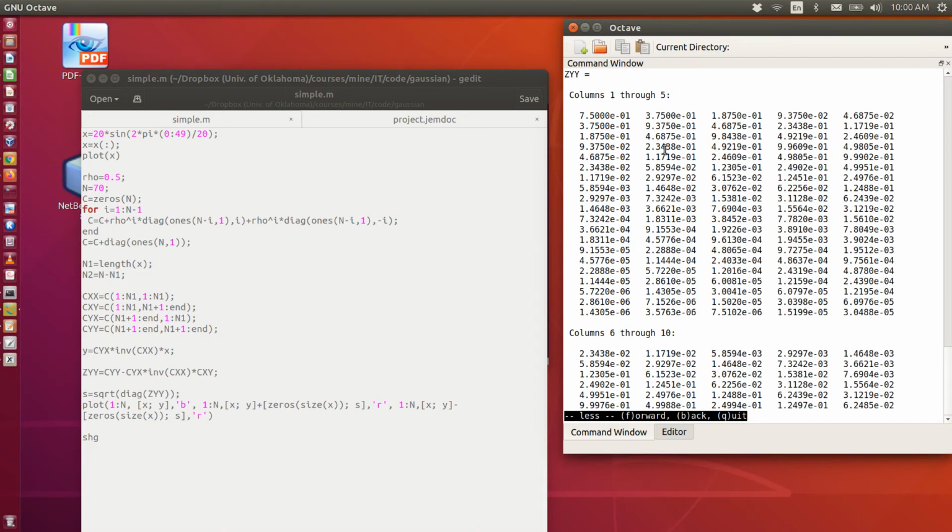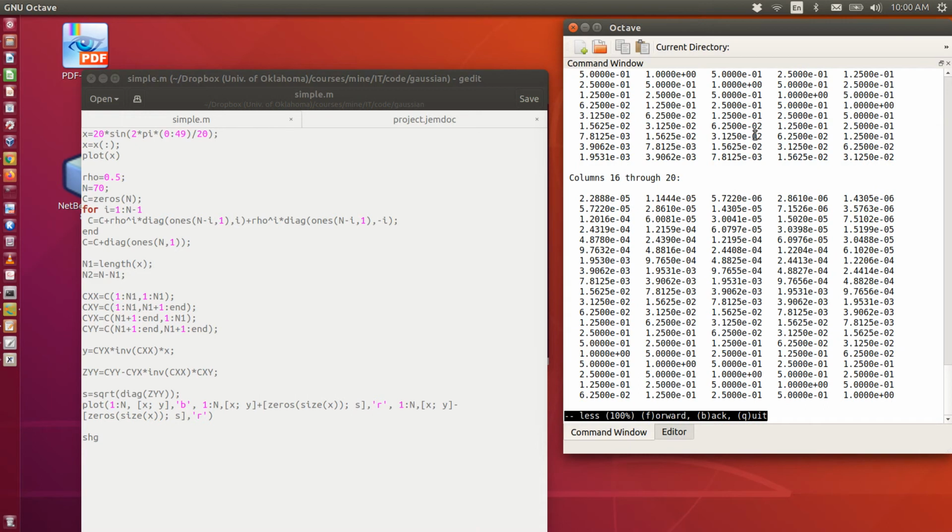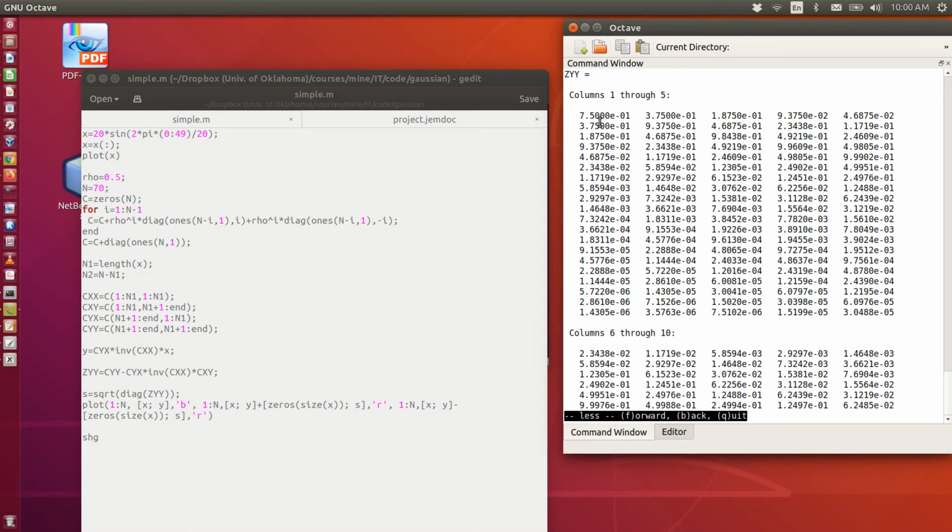Now I try to compute the correlation coefficient. But first of all, I have this matrix, which should be 20 by 20, right? Let me show it once more. You see the diagonal here is not 1.